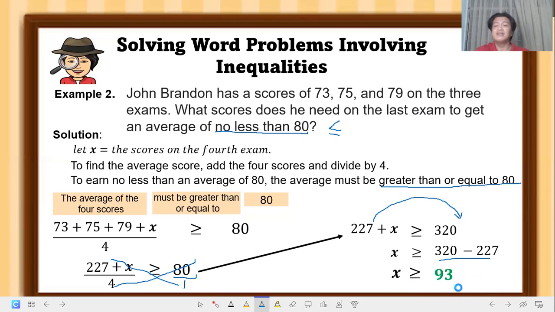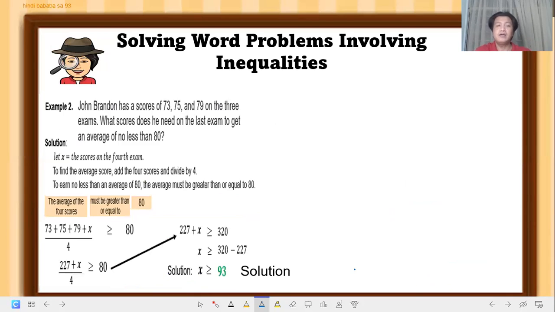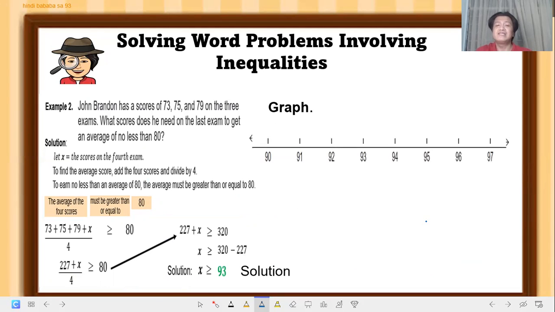Ibig sabihin, ang ating solution set na yun ay yung x natin is greater than or equal to 93. Lahat ng numbers na mas mataas sa 93 or equal sa 93. Okay. So to interpret it, you are going to make a graph para makita natin, ma-visualize natin.